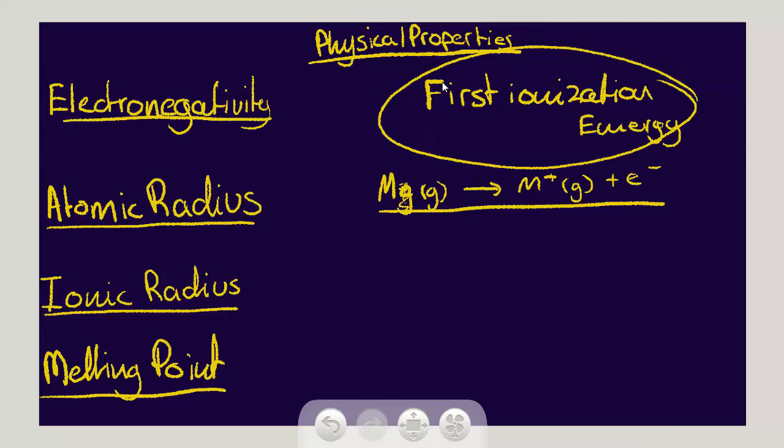Whereas a positive ion is, of course, when an electron has been removed from the atom, and with the removal of the electron, the electron has been lost either to another atom, or it's not present anymore in the element we're looking at.